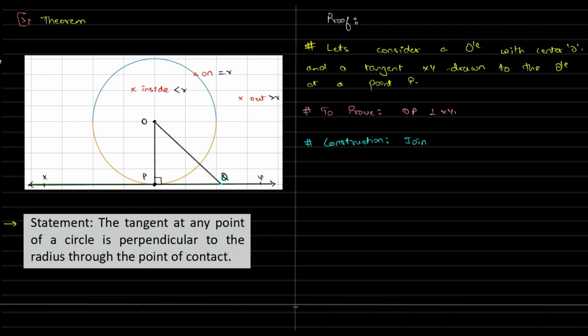So join OQ, where Q is a random point on the tangent.